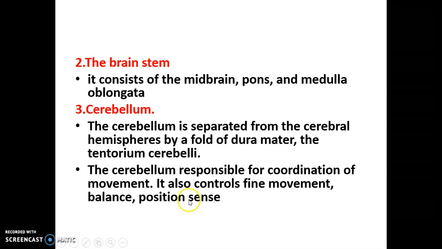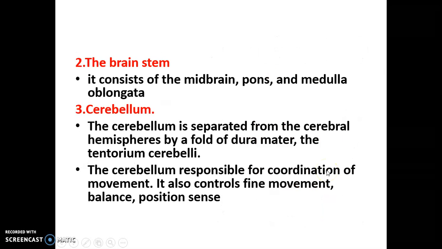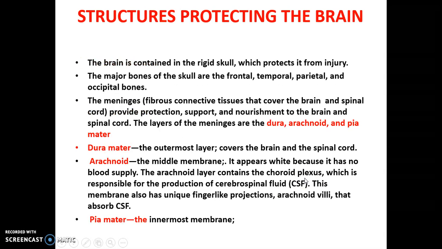It also controls fine movement, balance, position sense, etc. You can see here, this is the cerebellum, separated from the hemispheres by a dura mater. This cerebellum helps with movement, balance, position, etc.